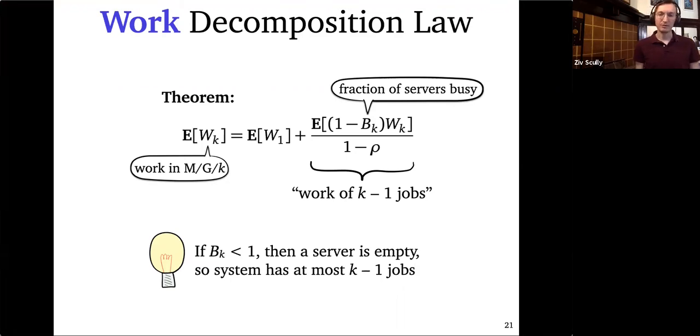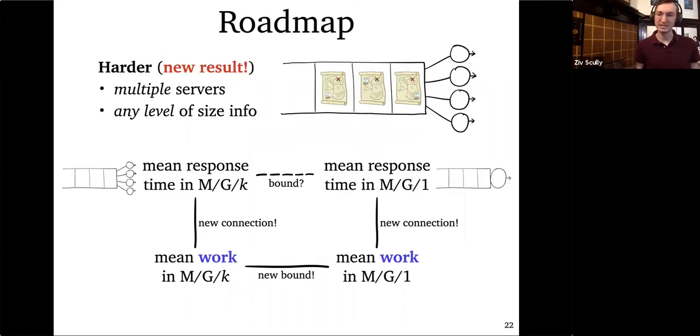And so the reason this work decomposition law is powerful is it says that the work in an MGK is, very roughly speaking, the work in an MG1 plus this additive term, which is the work of K minus 1 jobs. And that's the key bound that relates MGK work to MG1 work.